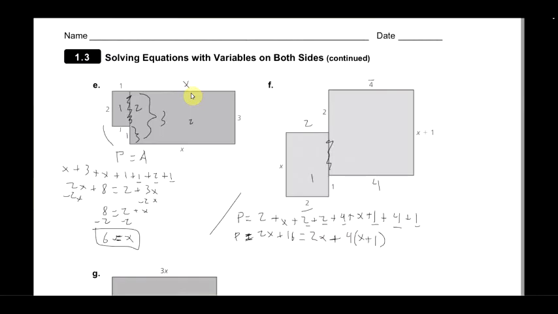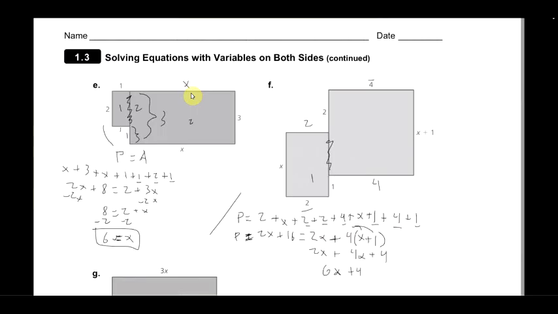So 2x is good as is, but here we have to distribute the 4 through the parentheses. So boom, boom. 4 times x is 4x. 4 times 1 is just 4. Combine like terms, we get 6x plus 4.